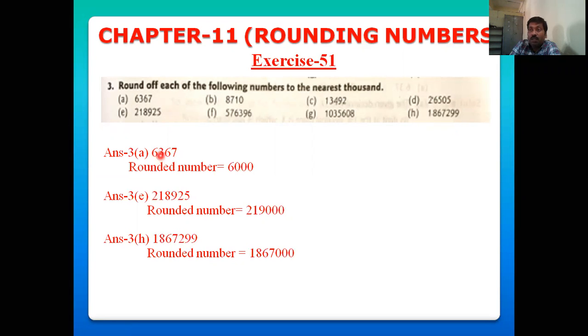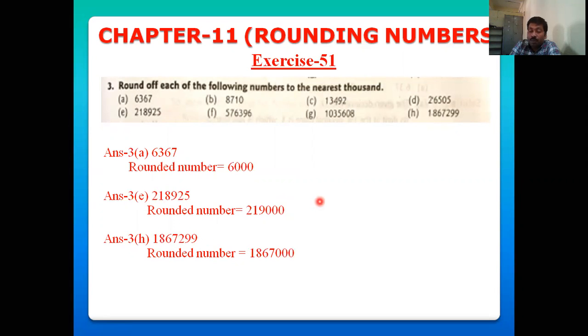The next digit is 3, which is lesser than 5. So we will write 6 as it is and write how many zeros? Count the digits after this 6, that is after the thousands place: 1, 2, and 3. So we will write 3 zeros after it. In this way we can solve the other types of questions.